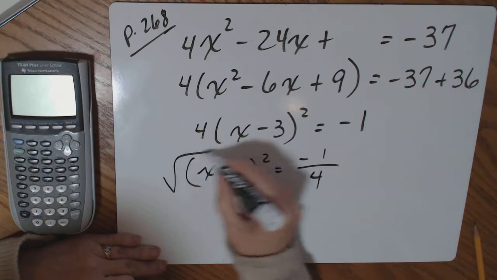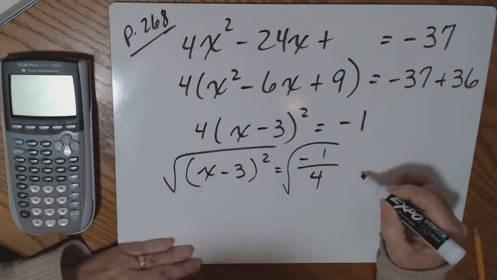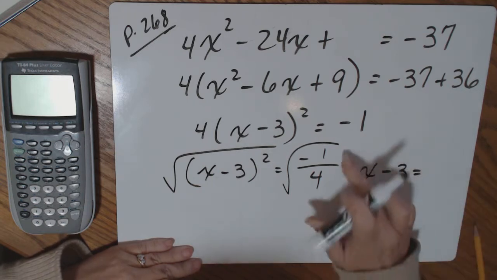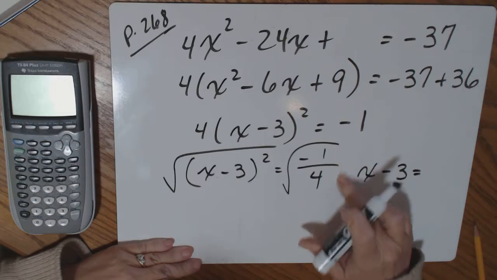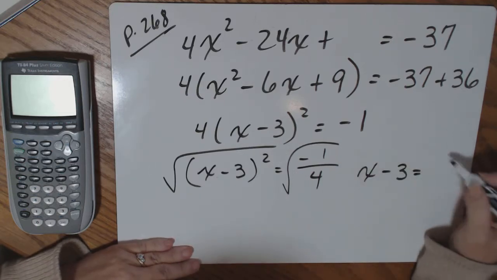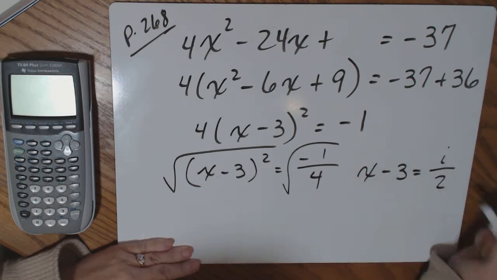And of course, I'm going to take the square root to get rid of my square. And I end up with x minus 3 is equal to, of course, remember I can unbundle this radical. So the square root of -1 becomes i over the square root of 4, which is 2.